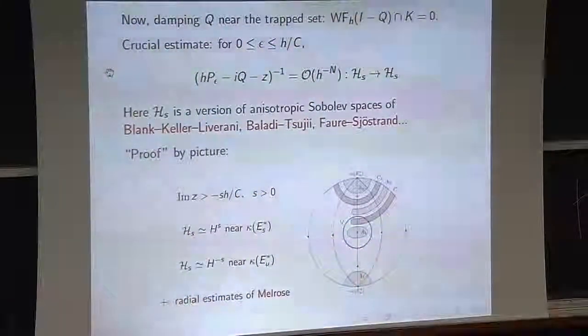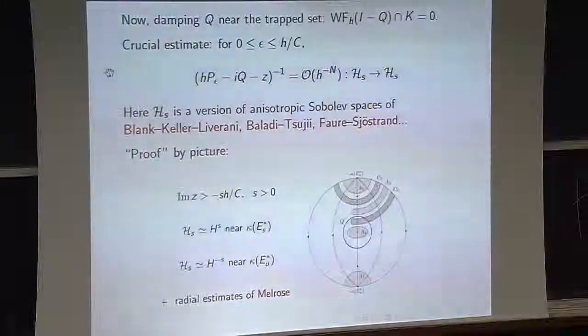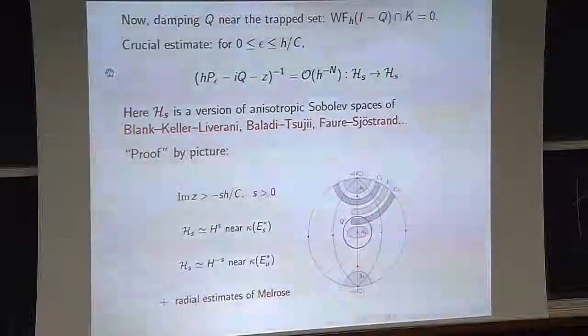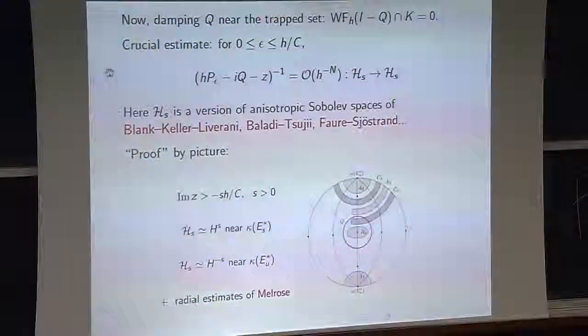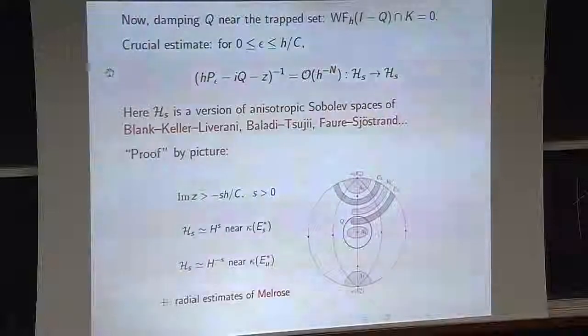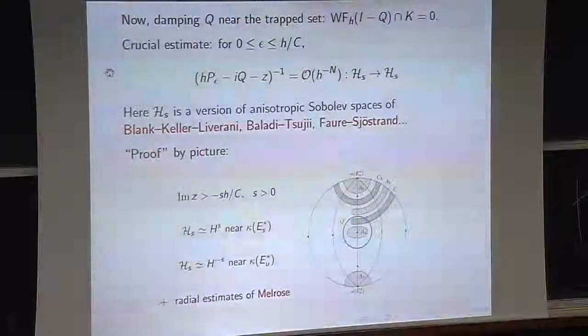Here you put Q, the damping. So this is the only place that could cause you trouble, because this is where you have the trapped set. That's where non-invertibility comes from. But you put a damping there, so here everything is elliptic. You can control here. Then you move in. Then Hörmander gives you control here.